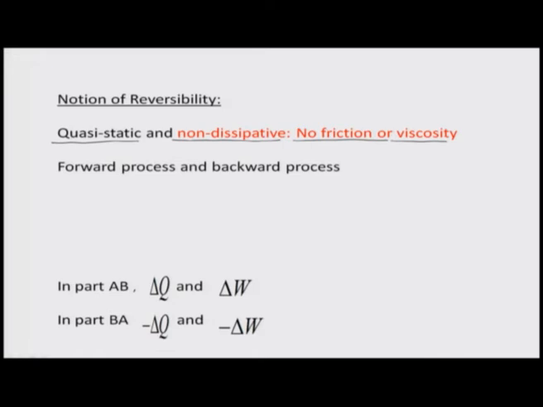So, I have already given these hints that you can have a forward process or a backward process. Once again, I draw a PV diagram. I do not care whether it is an isotherm or whether it is adiabatic. I just draw a PV diagram. So, this is my volume and this is my PV diagram. I am going from, let us say, A to B. What do A and B imply?